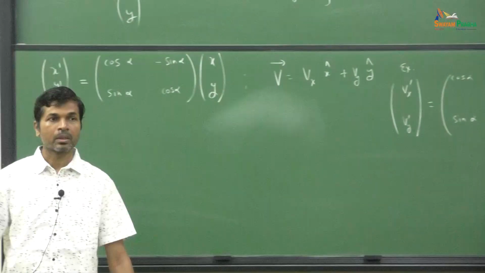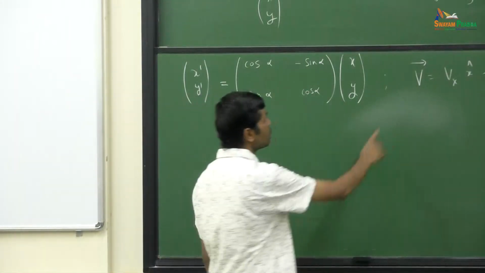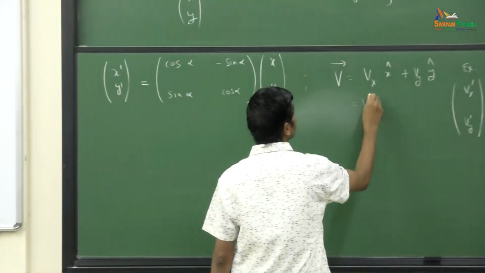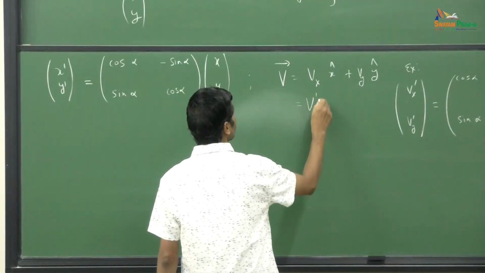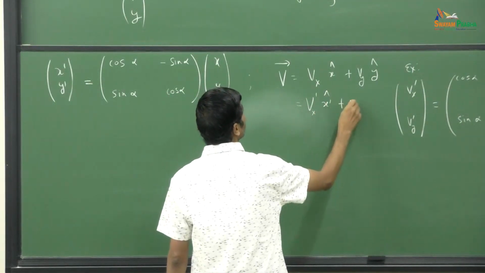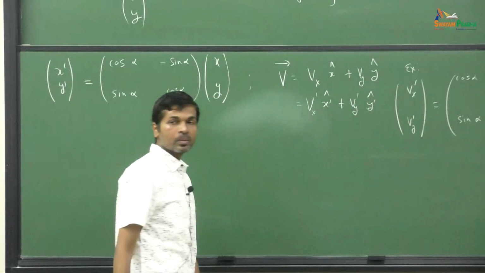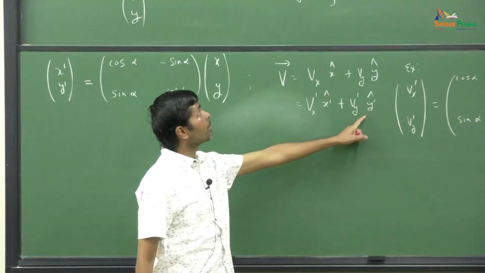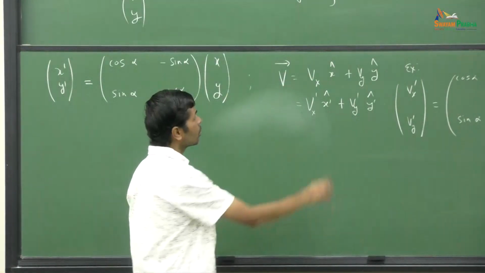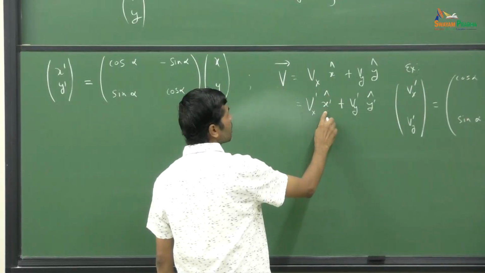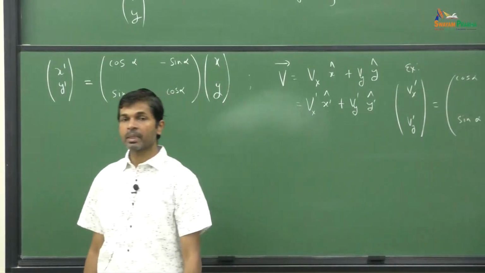You can obtain it any way, but a simple way is to consider this, and this is also because it's the same vector, this will be vx prime x prime cap plus vy prime y prime cap, where x prime cap and y prime cap are unit vectors along this direction. Then you know how x prime, y prime and x cap, y cap are related.